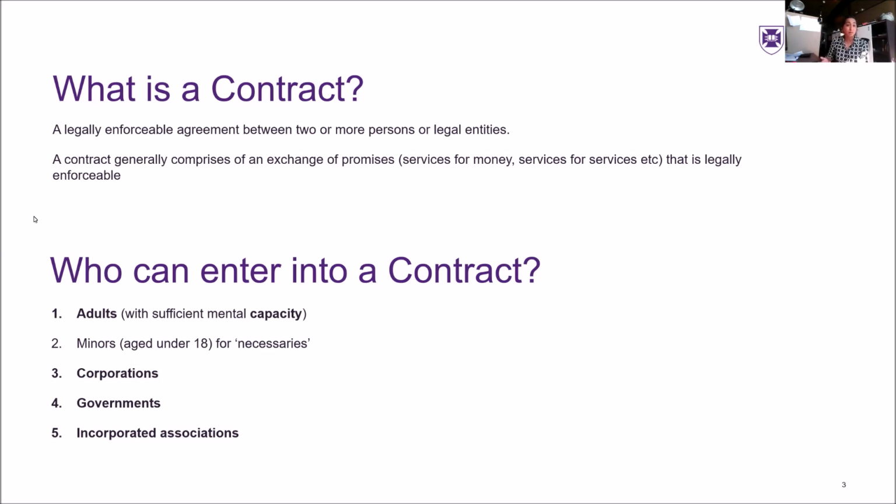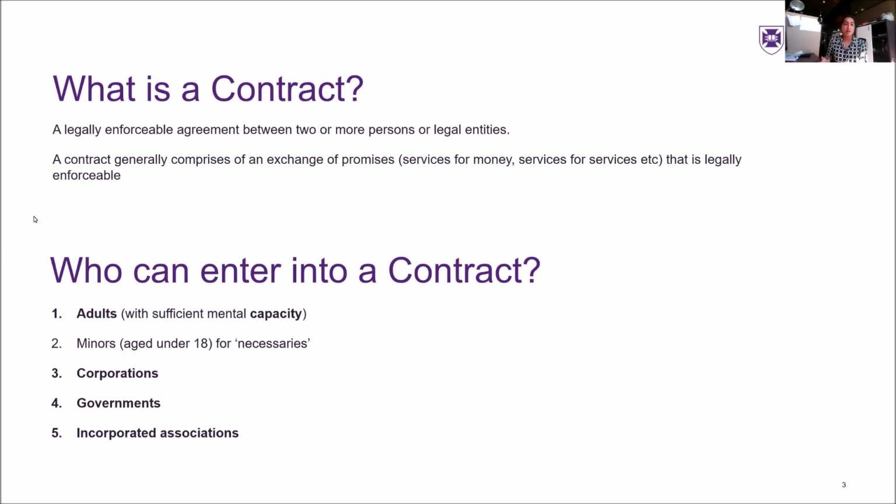So who can enter into a contract? Individual adults. So all of us as individuals are likely to be able to enter into a contract. There is a capacity requirement, but there's no need for us to sort of go into the technicalities of that today. Minors can, but only for necessaries.